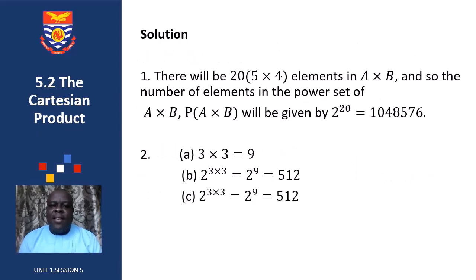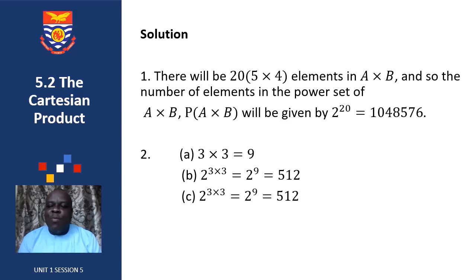Let's look at the solutions. There will be 20 elements in A cross B. That is 5 times 4. And so the number of elements in the power set of A cross B will be given by 2 to the power 20. And that will give you 1,048,576. If you look at the second question, A will be given by 3 cross 3, which is 9.